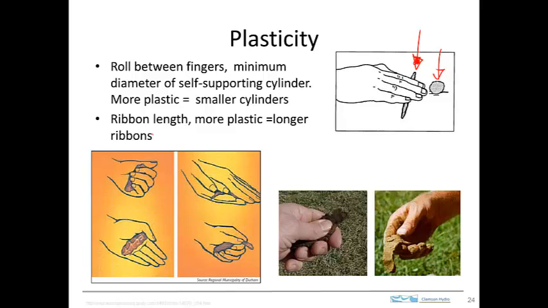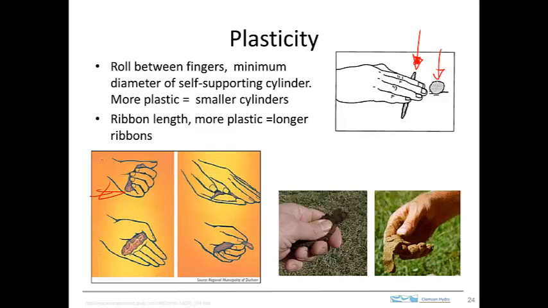I've also seen this done where the soil is rolled into a cylinder initially, and then you take it, and you can see this person has it in their hands, and you hold it in the palm of your hands, and you squeeze it out between your first finger and your thumb.